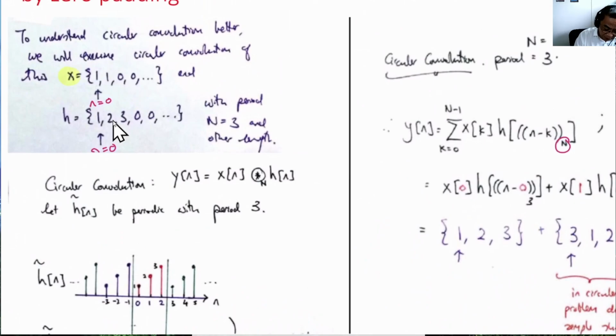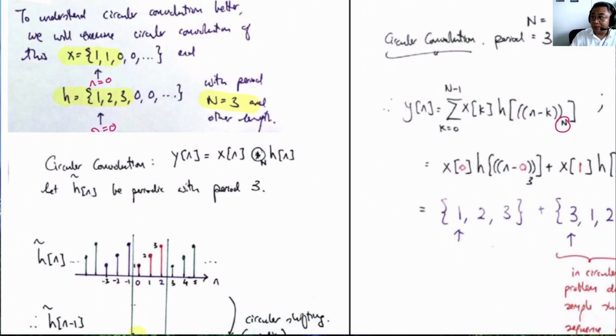But let us examine what happens when we perform circular convolution with N equals 3. We still have our input sequence x, which is 1, 1, and our h is 1, 2, 3. Now let's use N equals 3. When we have N equals 3, we are saying that this sequence will repeat every 3 samples. So it is actually 1, 1, 0, 1, 1, 0, 1, 1, 0, and so on for this sequence.